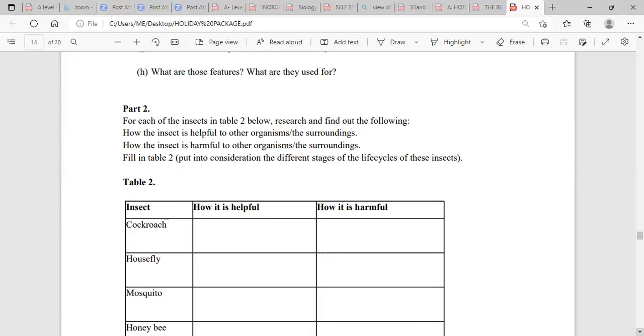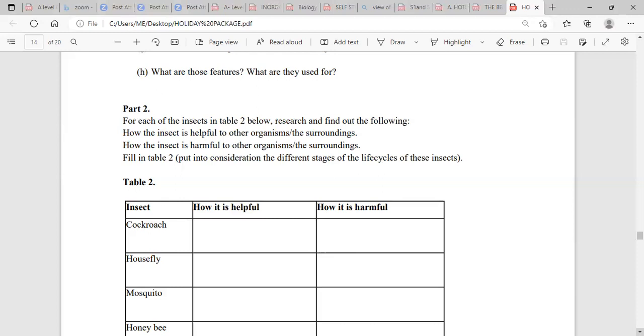How do we interact with our surroundings? That is the environment. Now, these insects cannot live alone. They are depending on other organisms for survival, and other organisms are as well depending on these insects for their survival. Now, how are these insects helpful to other organisms or the surroundings? That is the role they perform.